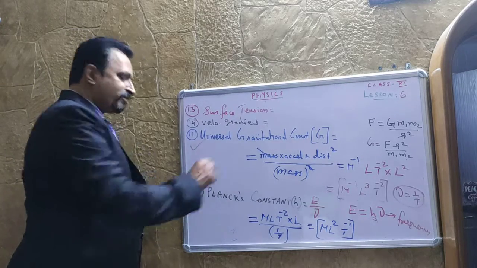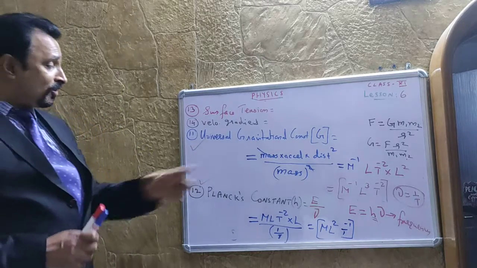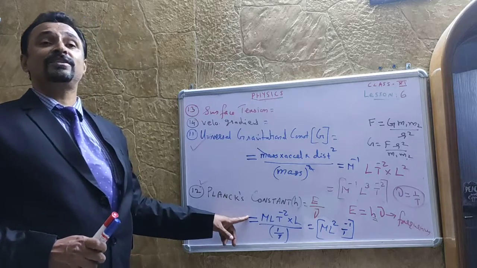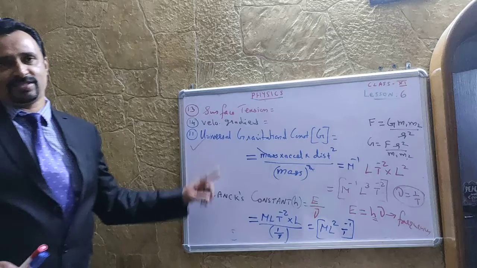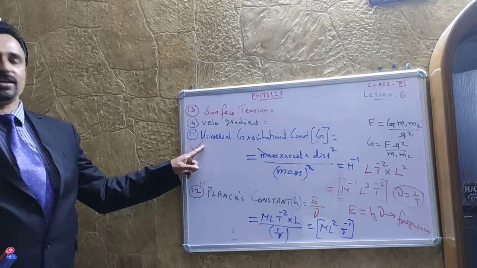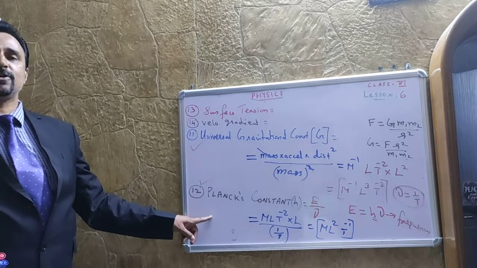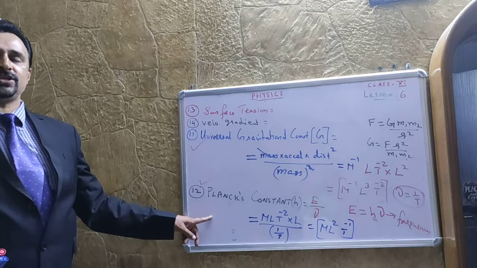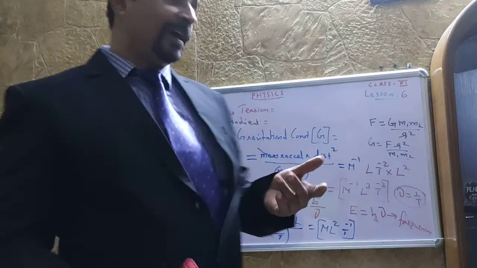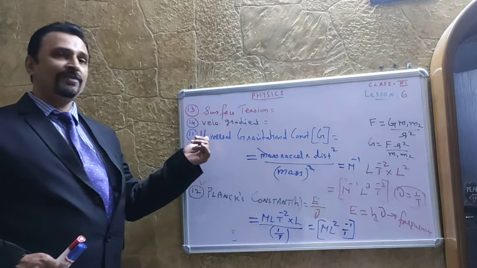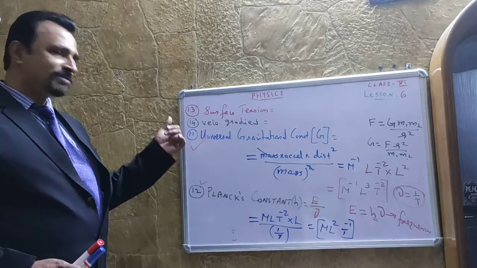Give an example of physical quantities which are constants with dimension. Dimensional constants. Which are the examples? Universal gravitational constant and Planck's constant. Dimensionless variable. Which are the examples? Relative density and refractive index. That is your 10 and 11.